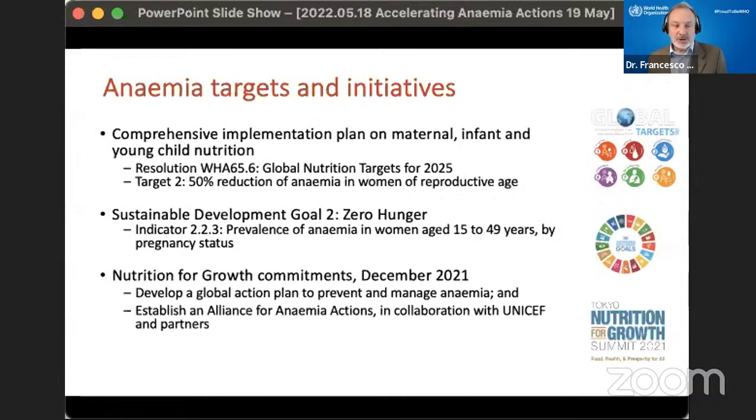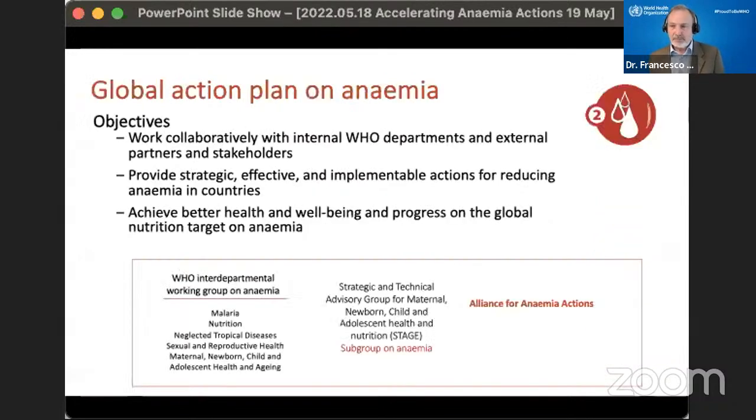And that was to develop an action plan to prevent and manage anemia in women and children, seeking to improve efforts in reducing both the prevalence and severity of anemia and to advance the global nutrition targets. But then there was also a second commitment, and that was to establish an alliance for anemia action jointly with UNICEF and other partners.